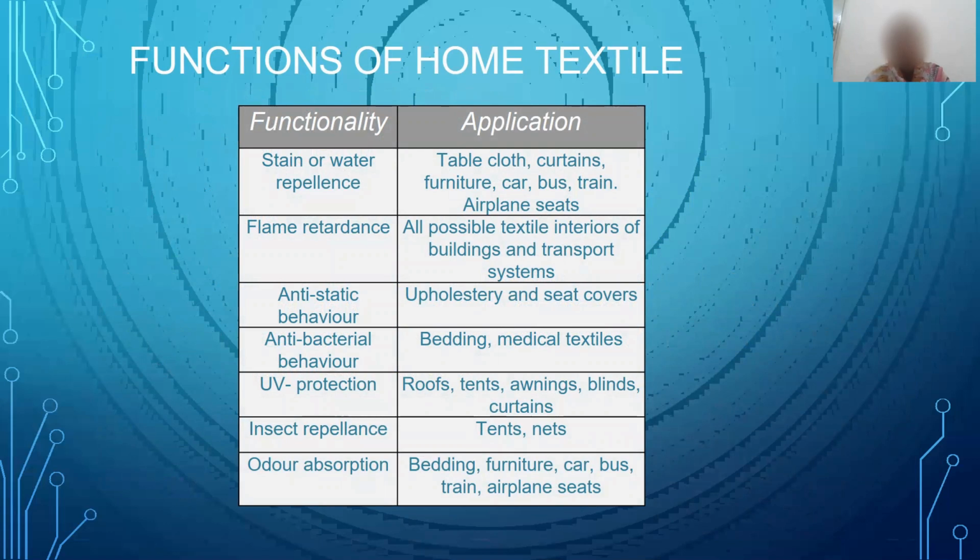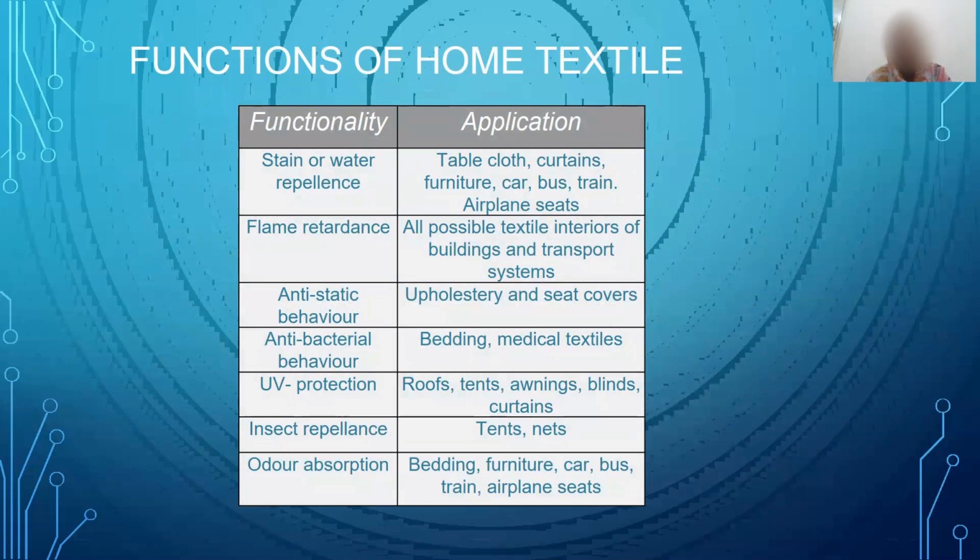And anti-static behavior, for upholstery and seat covers. Upholstery means sofas. And antibacterial behavior, for bedding and medical techniques. And UV protection, used in roofs, tents, awnings, blinds, curtains, and insect repellents, also used in tents and nets.